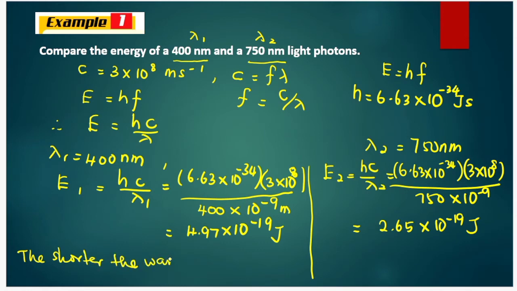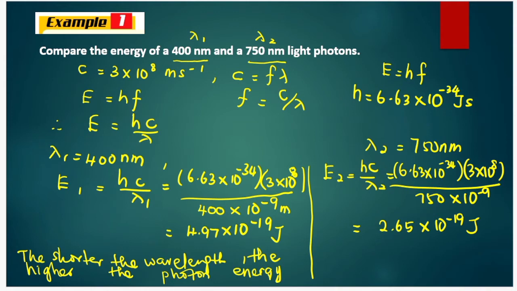The shorter the wavelength of light, the higher the photon's energy. We also know that wavelength is inversely proportional to frequency. Thus, we also can write it this way: the higher the frequency of light, the higher the photon's energy.